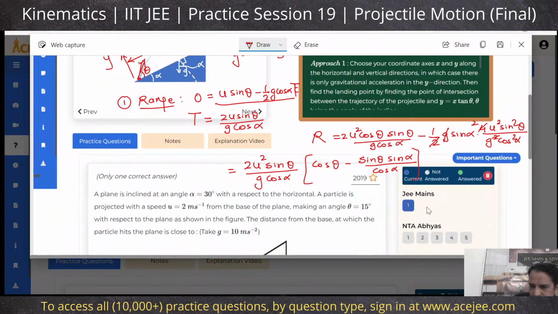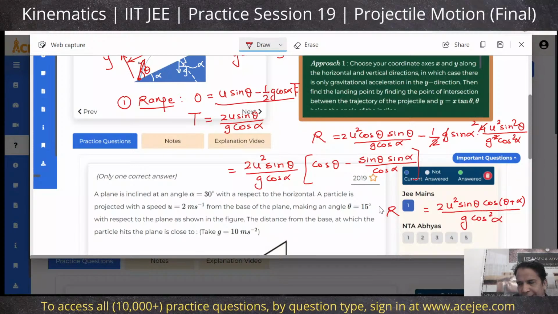So I can write this as u squared sine theta cos of theta plus alpha by g cos square alpha. This is your range.